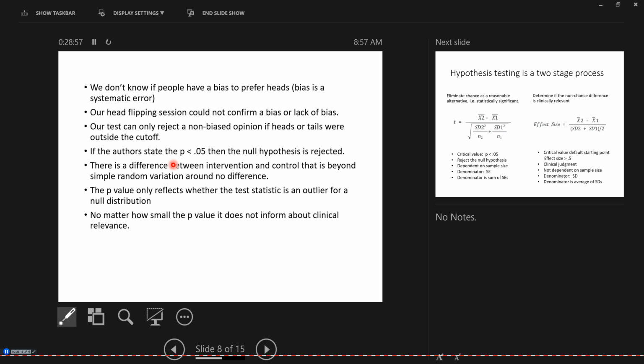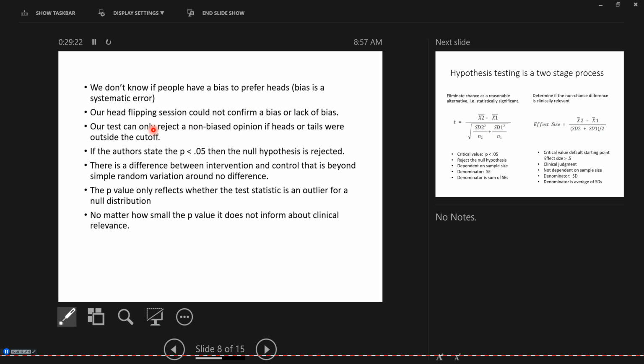Some people pick tails, but there's a preference, and it's usually a bias towards one or the other. We can't really know if you have a bias. We could not confirm a bias. We could only test if you rejected.